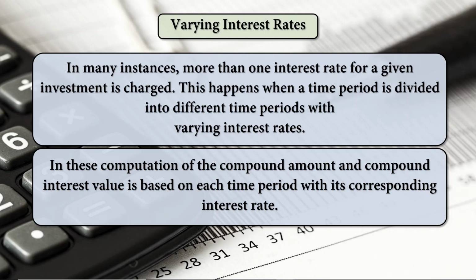siya. For example, sa isang part ng period ko, ganitong percentage, ganitong rate. Sa pangalawang part, ganito naman yung percentage rate. And in this computation of the compound amount and compound interest value is based on each time period with its corresponding interest rate.